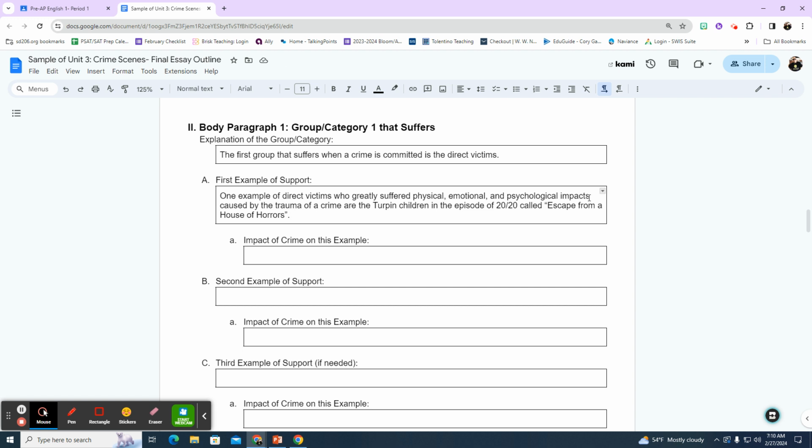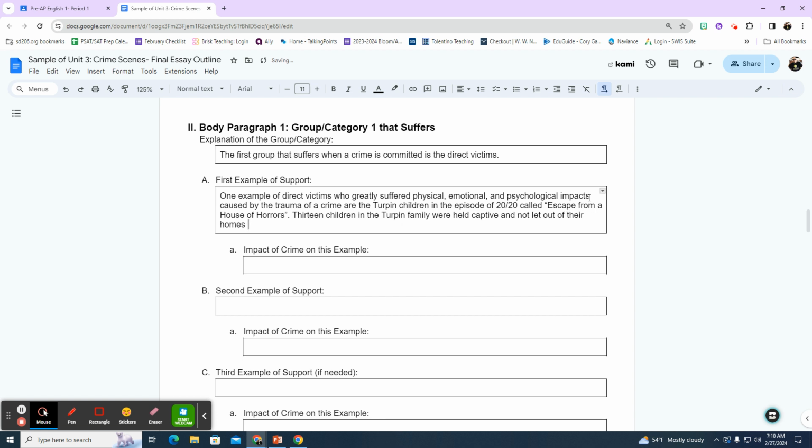I need to talk about what their specific experience was, what happened to them as well. So I can say something along the lines of: 13 children in the Turpin family were held captive and not let out of their homes by their parents. Good.